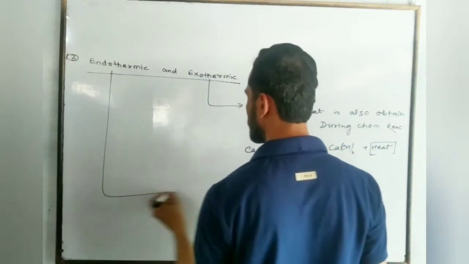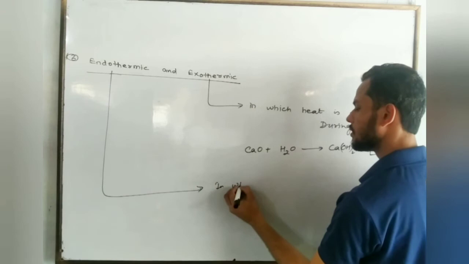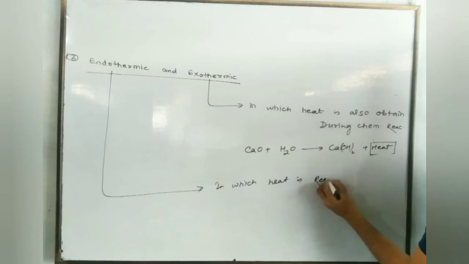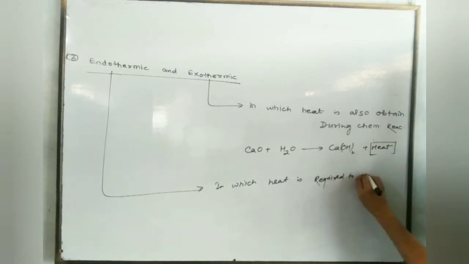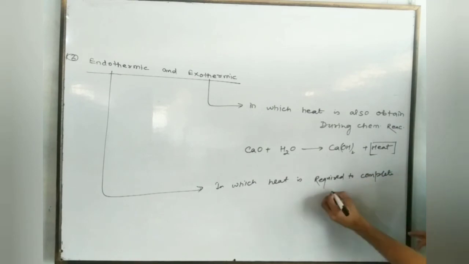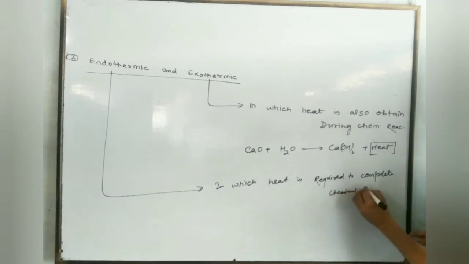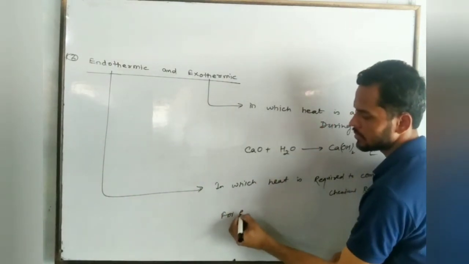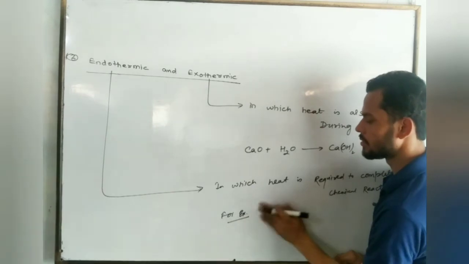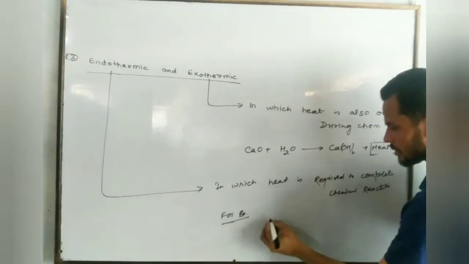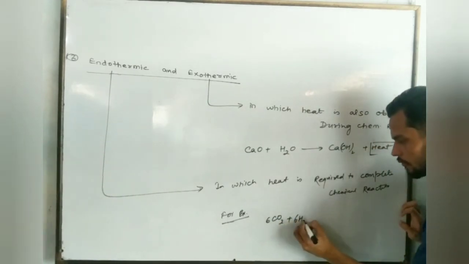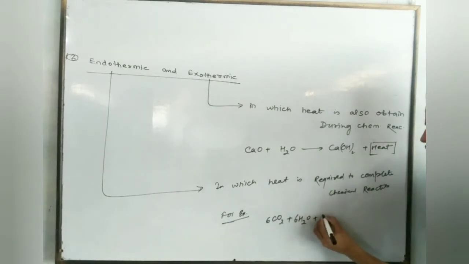And what is an endothermic reaction? A reaction in which heat is required to complete the chemical reaction. Heat is required. Okay. For example, in the photosynthesis reaction, 6 molecules of carbon dioxide gas and 6 molecules of water combine together in the presence of light and heat.